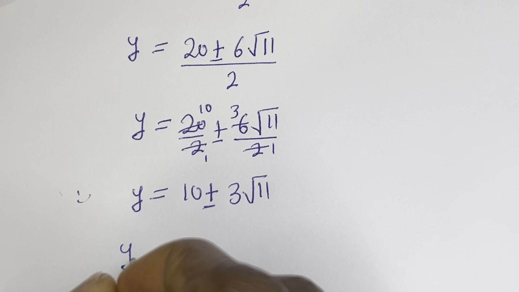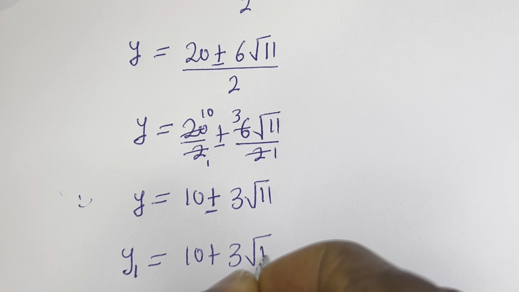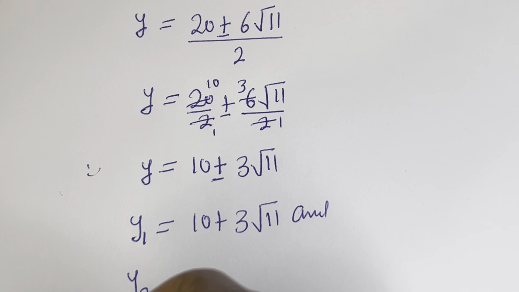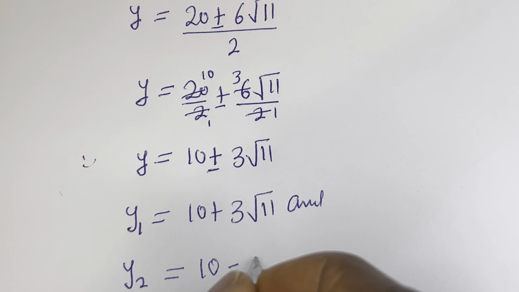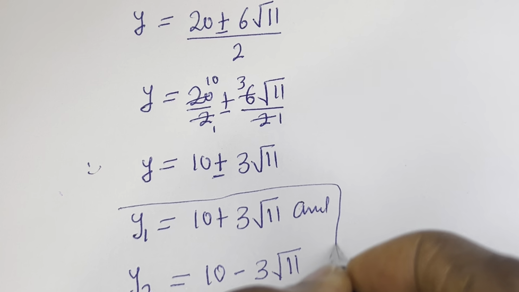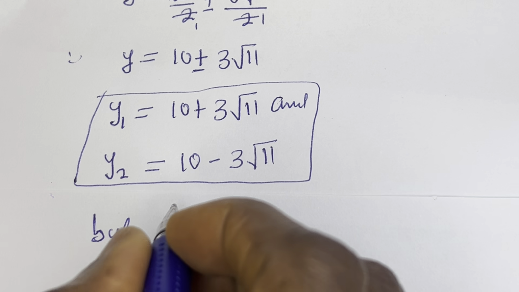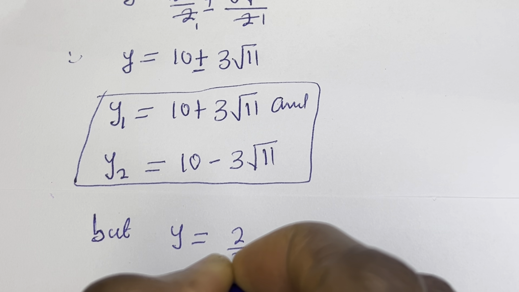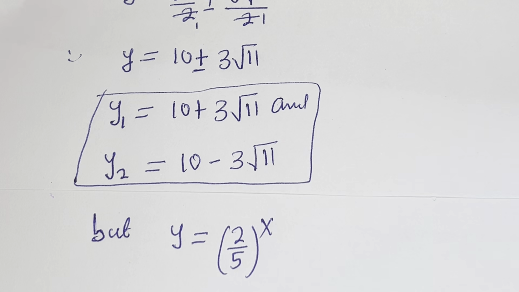Now, y1 is equal to 10 plus 3 square root of 11, and y2 is equal to 10 minus 3 square root of 11. These are the values of y, but y is equal to (2 divided by 5) to the power of x.